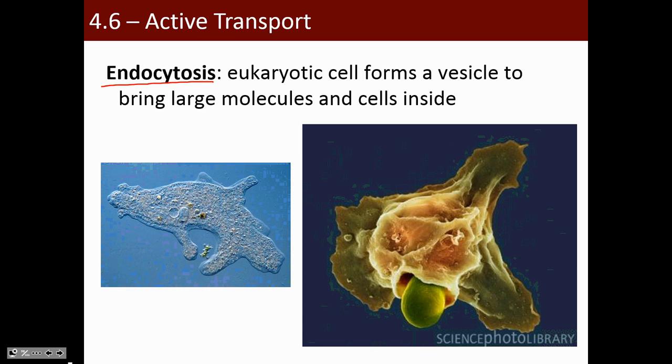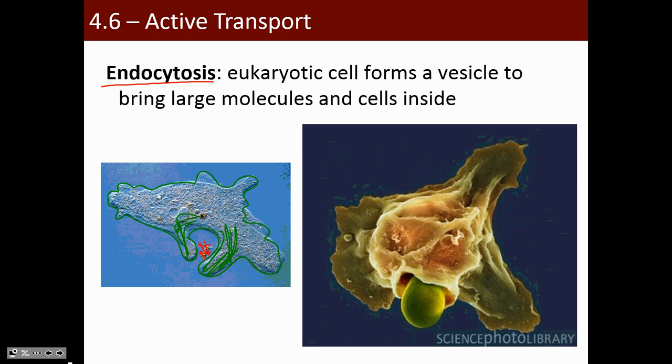So here we have a little amoeba, and I'll outline the amoeba's body. Green might not have been the best choice. And what the amoeba is doing here is it's actually shaping its cytoplasm to create a little pocket, and food particles have accumulated in that pocket.